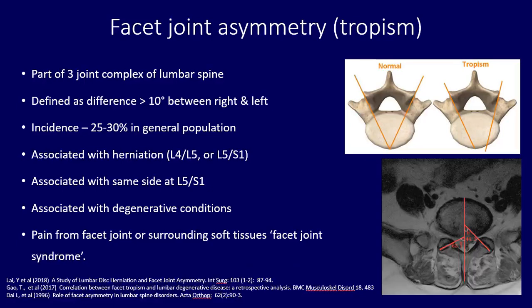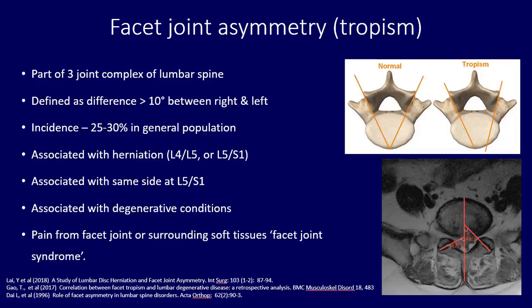As the facet joints open and allow a greater amount of movement to flexion and forward shearing, we must remember that the facet joints may not be equal on both sides.